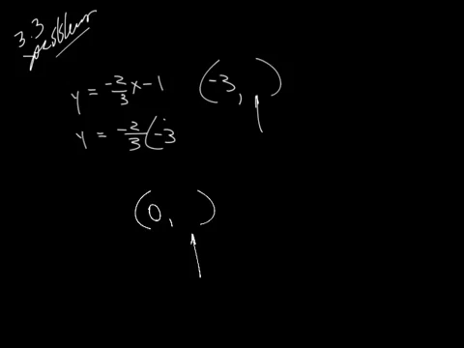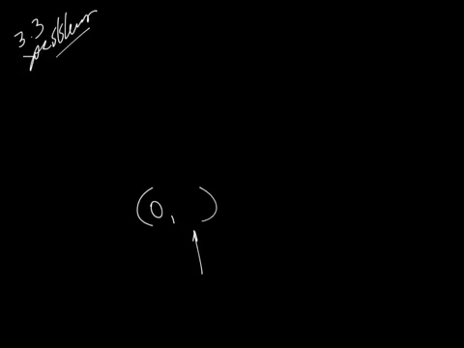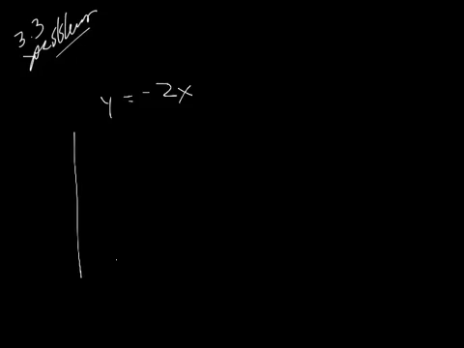Alright, so 17 to 22, exactly the same thing. You get down to number 23, and they want you to find 3 solutions. So that means that what they're asking you to do is, given something like y equals negative 2x, put 3 numbers in here, negative 2, 0, and positive 2.